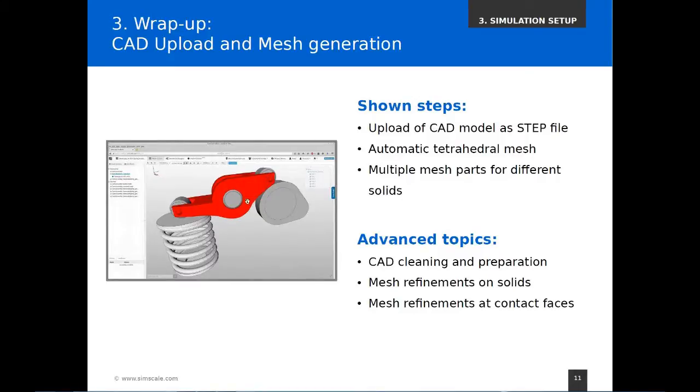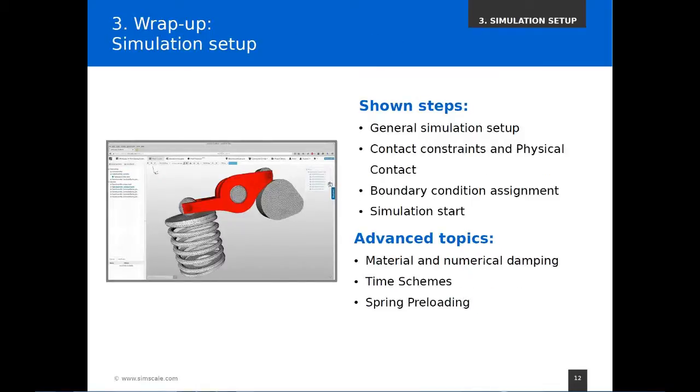So normally if you really want high accuracy of the results, you will try to refine the mesh at least in those areas where you have contact and where you would see high stresses appear. Then for the simulation, we quickly skimmed through the process of setting the simulation up, and have shown some boundary conditions and setup of the contacts.